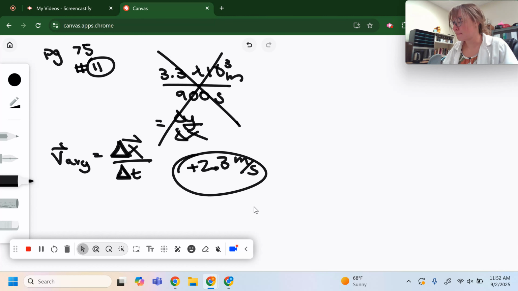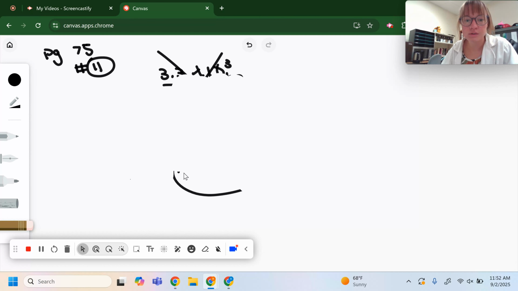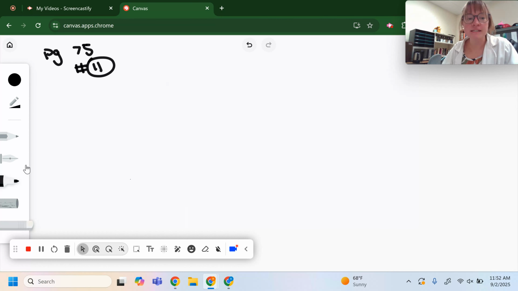Let's try an example. Can you find the instantaneous velocity of this runner at 25 minutes? Let's take a look. I'm going to erase this work here. Okay, let's find the instantaneous velocity of this runner at 25 minutes.